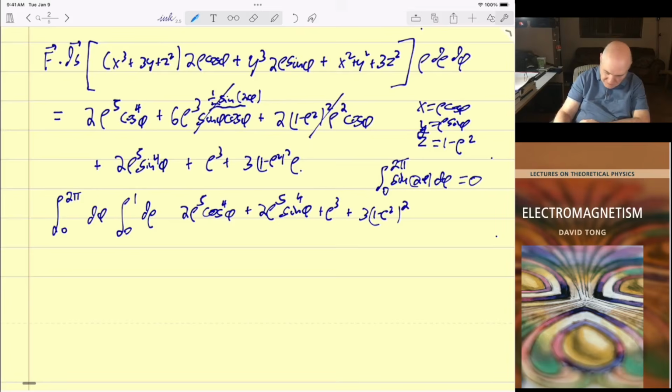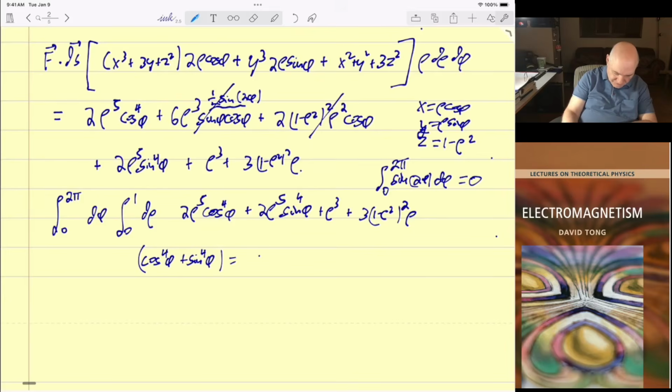squared times rho. So that's the integral that we have to evaluate. Now, these are not difficult. One can do this by software, but one can also do this by hand very easily. So let's write cosine to the fourth phi plus sine to the fourth phi.